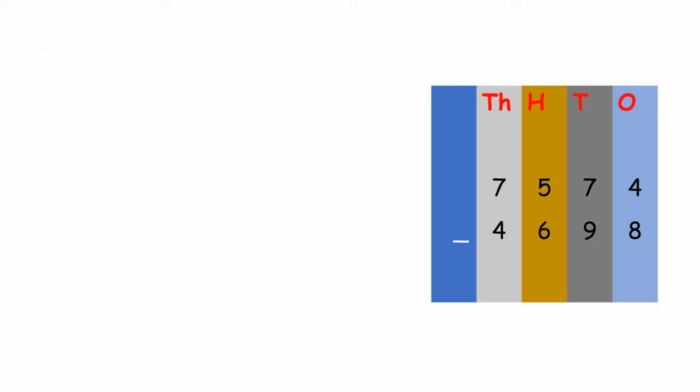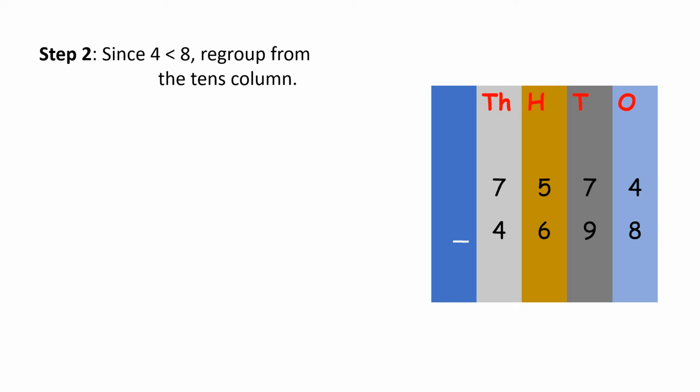So here we have to subtract 8 from 4. So 4 is less than 8. So what we have to do, we have to borrow 1 ten from the tens place digit. Which one is the tens place digit here? 7.